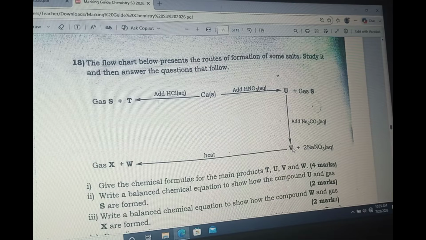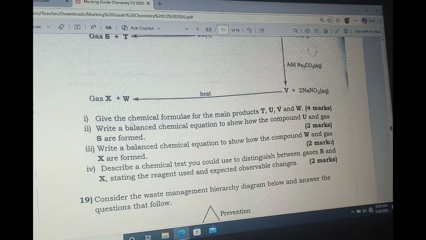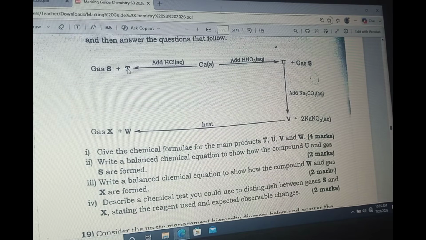Then calcium carbonate, in the presence of heat, gives calcium oxide and carbon dioxide as gas X. Give the chemical formula for main products T, U, V, and W. T is calcium chloride, U is calcium nitrate, V is calcium carbonate, W is calcium oxide.